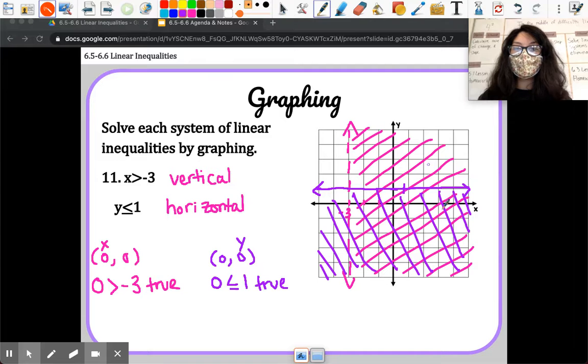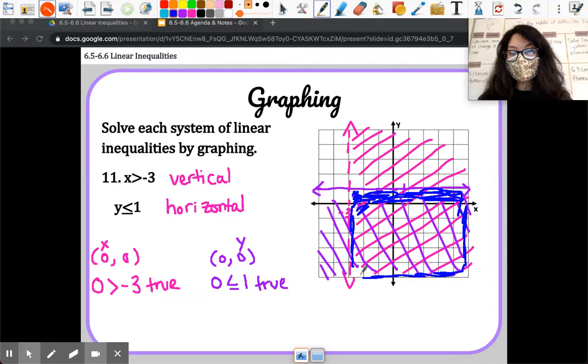Okay, again, you kind of have to ignore the fact that the other inequality is there. You would shade everything below that boundary line. And again, your solution is the region where the shading is overlapping for both of them. Well, it's overlapping in this bottom right section here. So I'm just going to make that part of my graph nice and dark, and I'm going to erase the shading everywhere else because those regions don't contain our solutions.